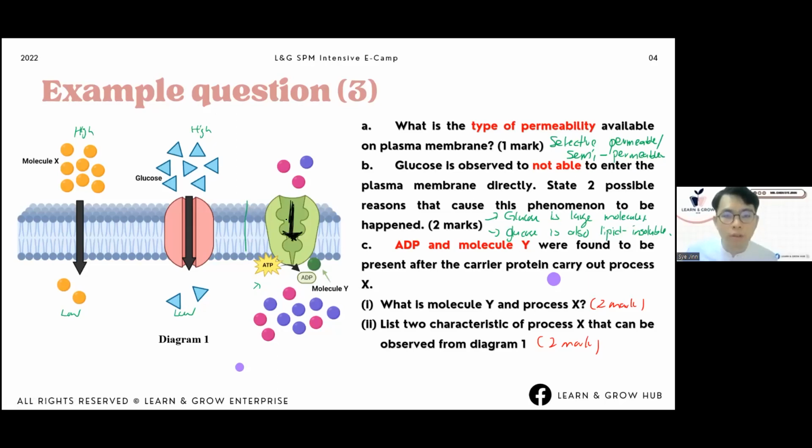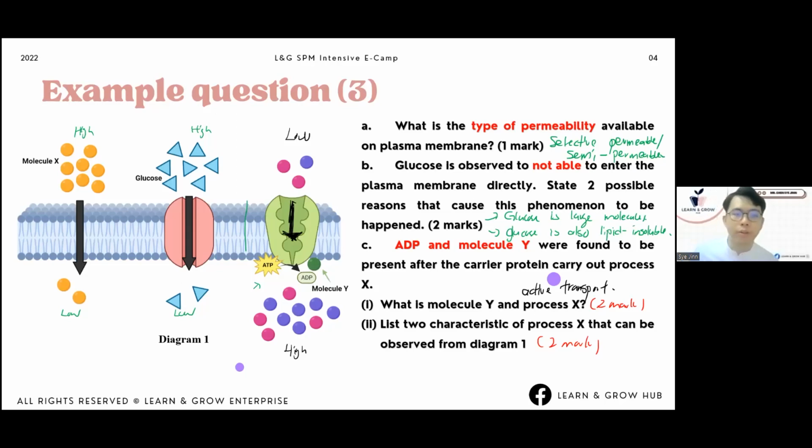If the direction is from low to high, we know this kind of question is very easy. It's an active transport question already. Then they ask, what is molecule Y and process X? Process X, 3 marks for you. Active transport. Easy.